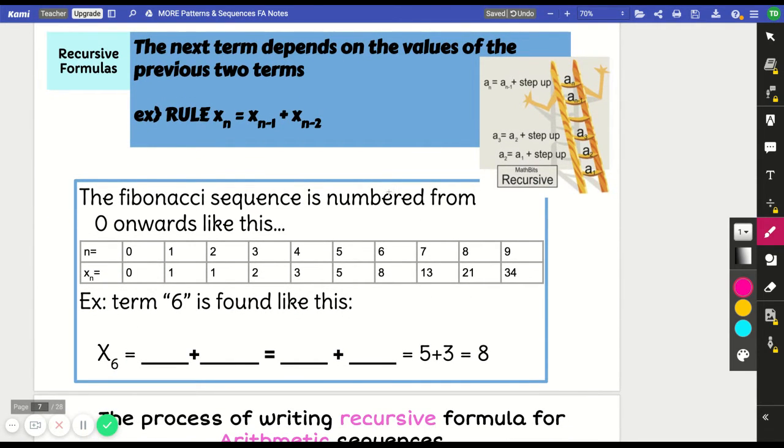Okay, recursive formulas. Again, we talked about recursive formulas. Think of a ladder. The next term depends on the values of the previous two terms. And the rule for that is x sub n is equal to x sub n minus 1 plus x sub n minus 2. So the previous value and the second previous value.